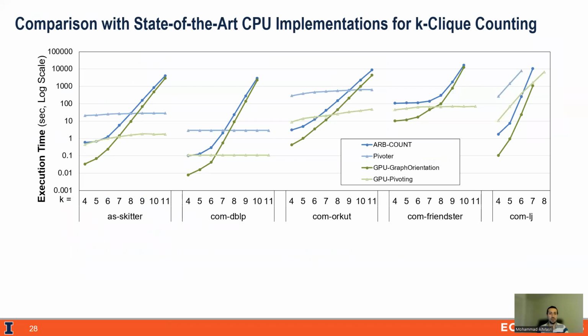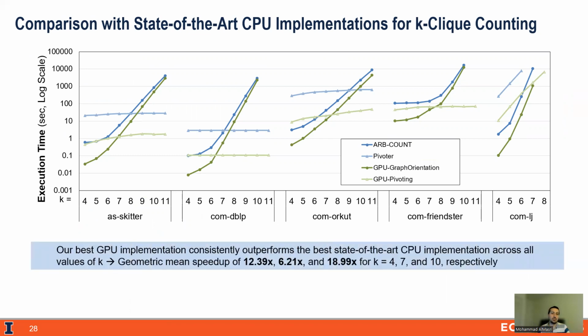So when we compare our best implementations for pivoting and graph orientation with the state-of-the-art, we can see that our implementations consistently and significantly outperform the CPU solutions with a geometric mean of 12, 19, 12, 6, and 19 for K equal 4, 7, and 10 respectively.